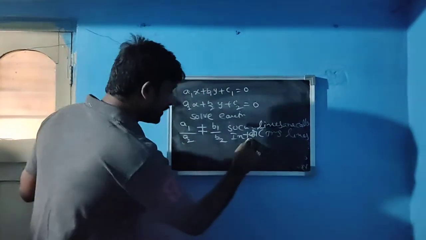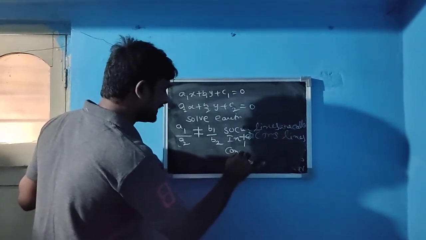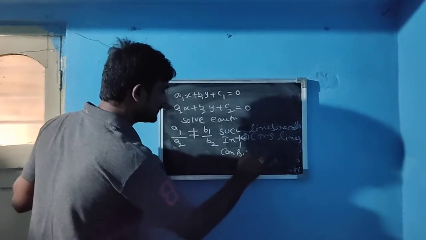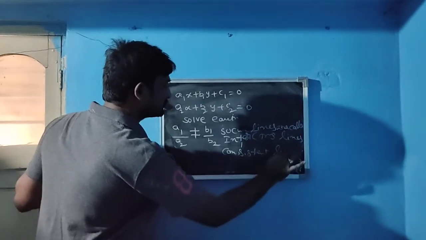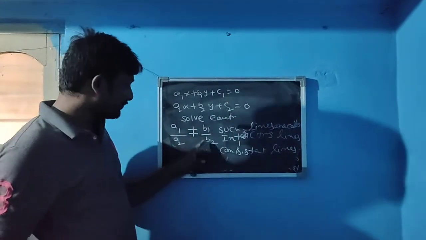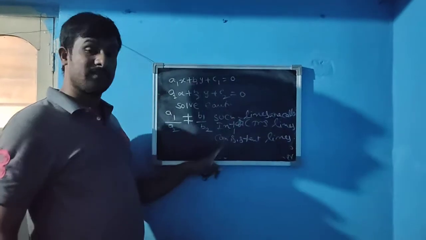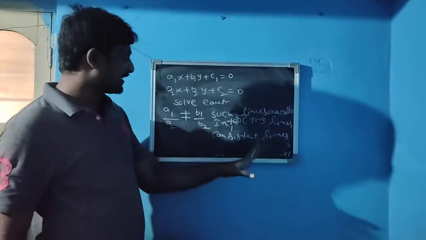Intersecting lines have one more name: consistent lines.